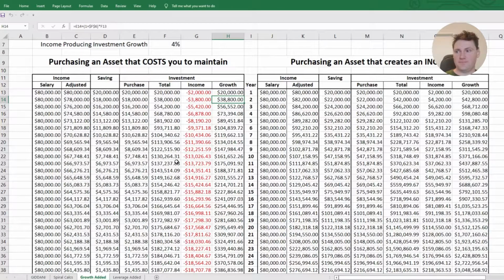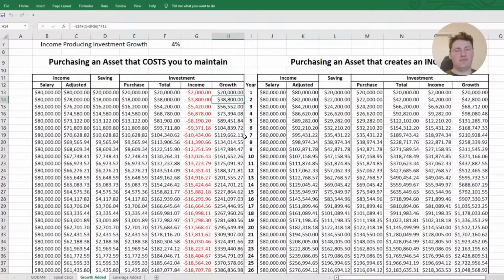How did we get that? Well, I don't know if you can see the formula here, but the way that it's working is it takes your first year's asset and adds 4% onto it, and then it adds the current year's asset to that portfolio. So you can see it starts to grow. In the third year, it takes the total of the second year and adds 4% to it.